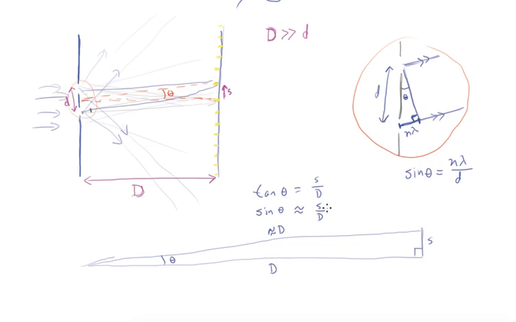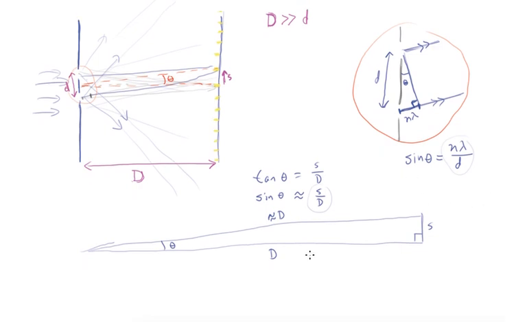So now what we have is the sine of theta equals S over D, and sine of theta equals n lambda over little d, and we can go ahead and rewrite this now as our rule, that S over D is equal to n lambda over little d. So that's the distance to the screen, the slit separation, the wavelength, and then what integer multiple you're looking at.